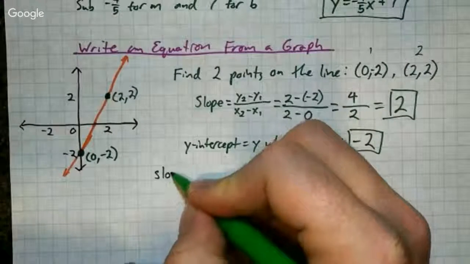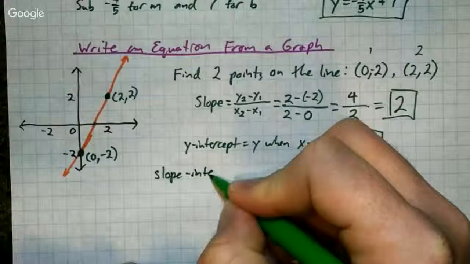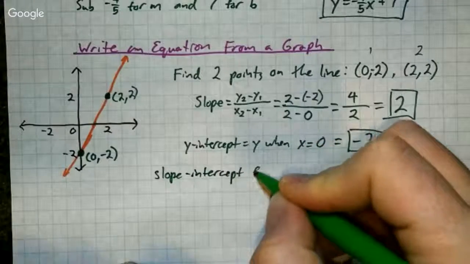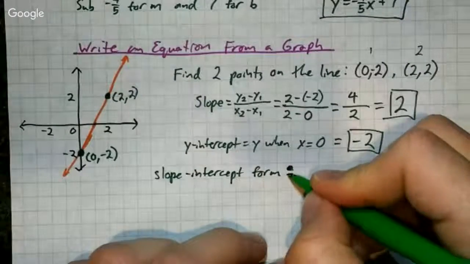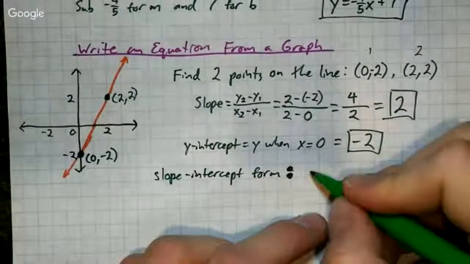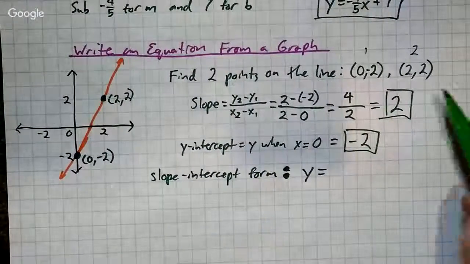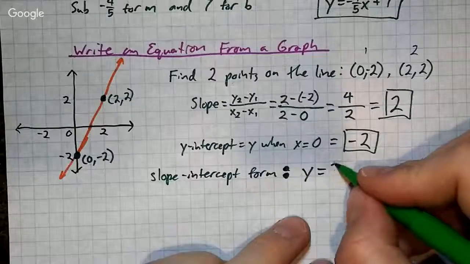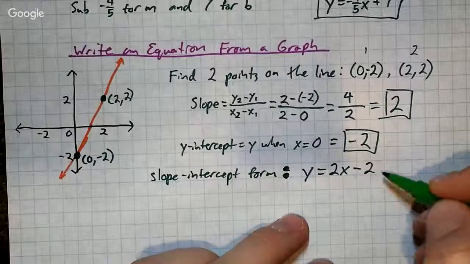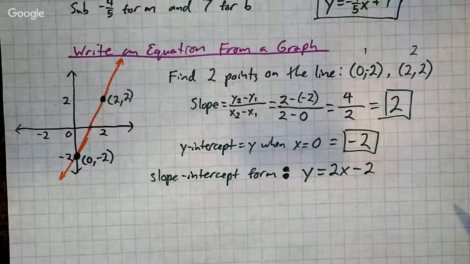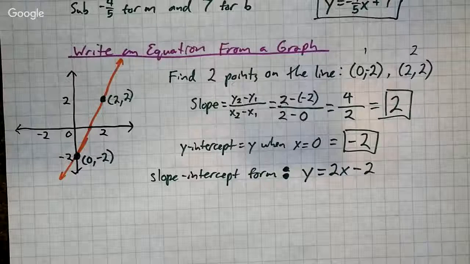So slope-intercept form, there we go, is y equals my slope 2x minus 2. Or I could say plus -2, but I can just leave it like that. I found my slope-intercept form, and I'm good to go.